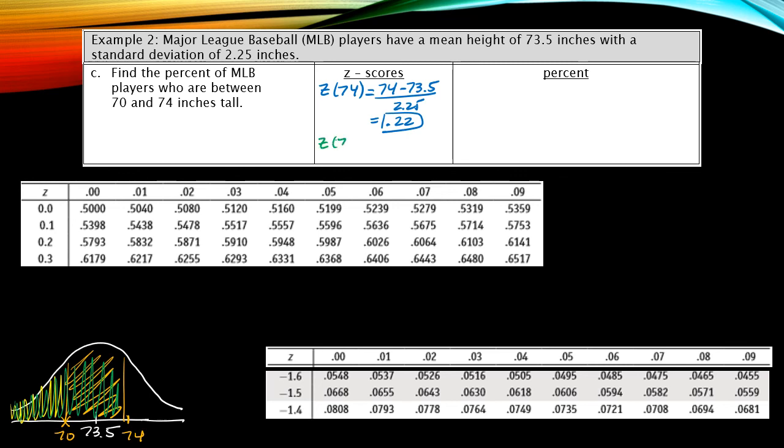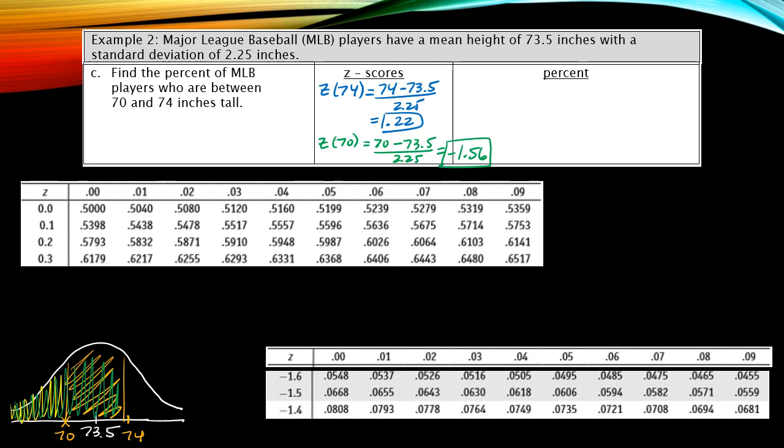This time we're finding the z-score for 70. So I'm going to do 70 minus 73.5 divided by 2.25. When you put that in your calculator, you get negative 1.5 repeating. So I'm going to say this is negative 1.56.